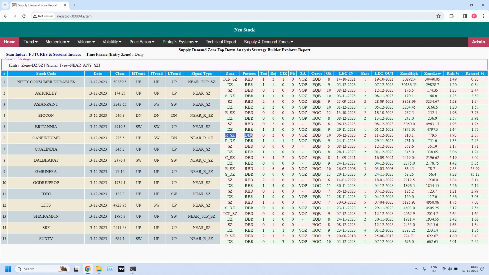And Canfin Home, I think we already discussed this stock today. And Dalmia Bharat, we've been waiting for prices to enter this zone. And the next one is GMR Infra. It is already tested 4 times.